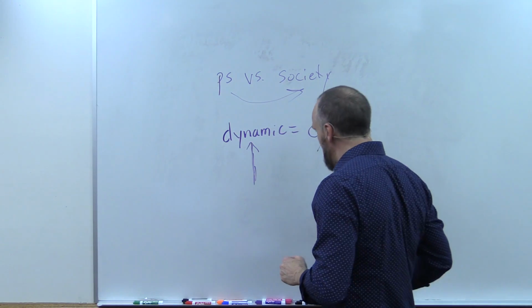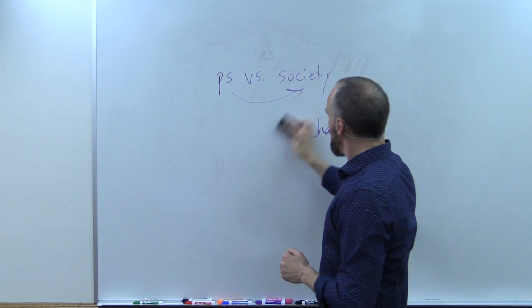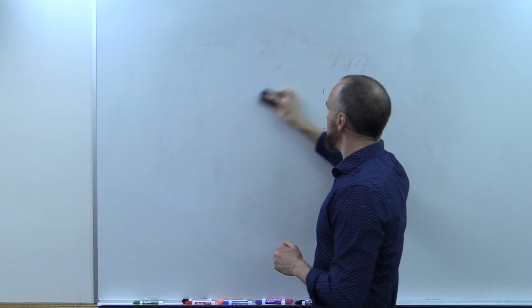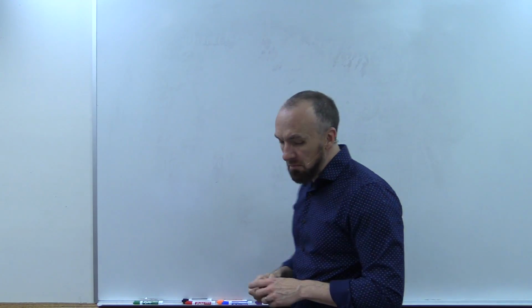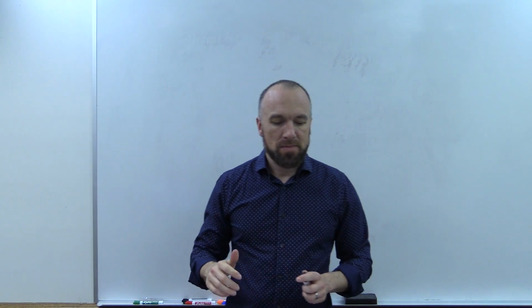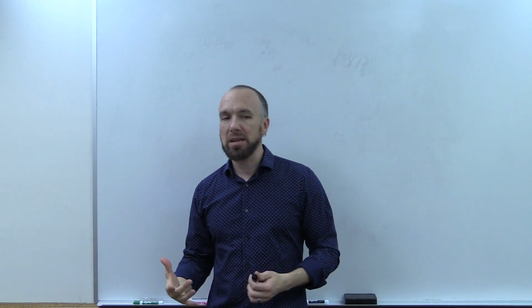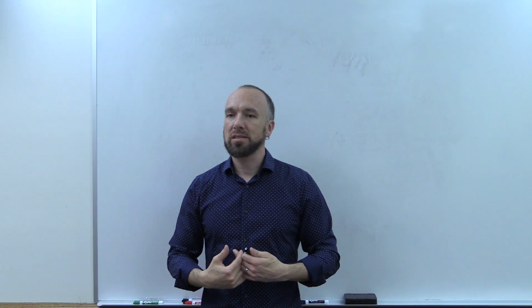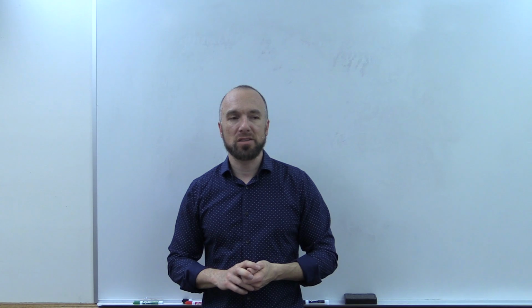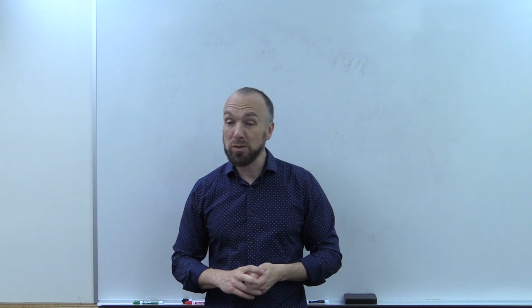I want to talk to you about theme. Theme is the overall message about life, basically the underlying meaning, a message about life that we can walk away with and say, here's what the message is from this story, from this book.